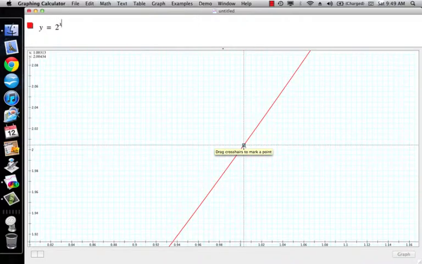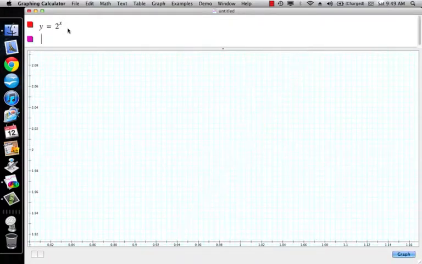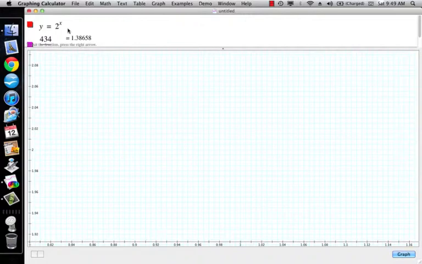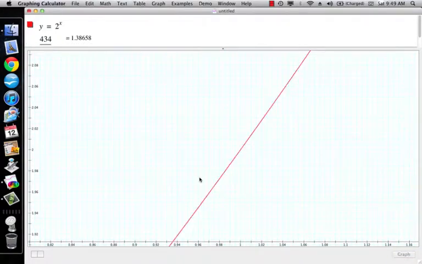Basically, my change in y is 434. My change in x is 313. So the approximate slope of that line is 434 divided by 313, which is 1.38 or 1.39.